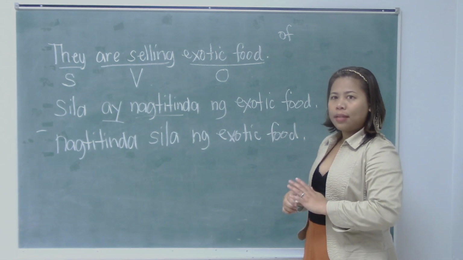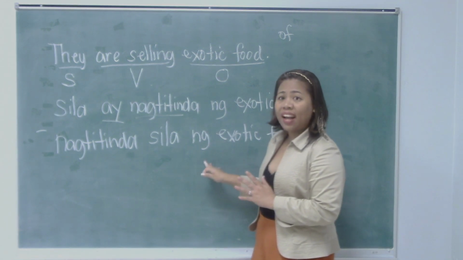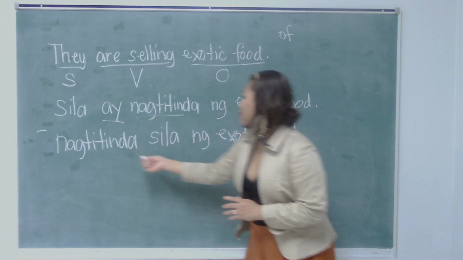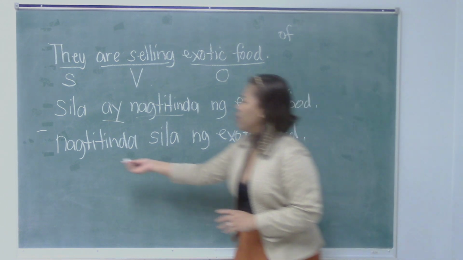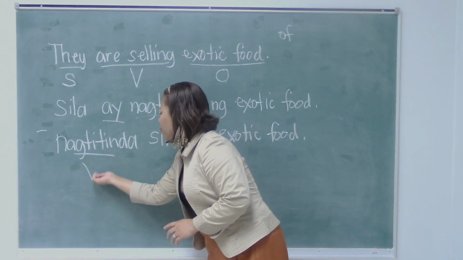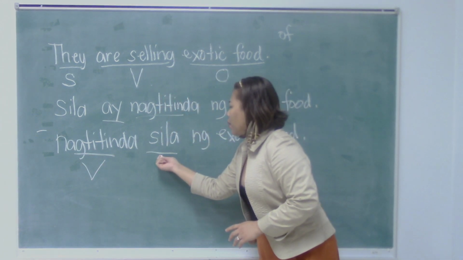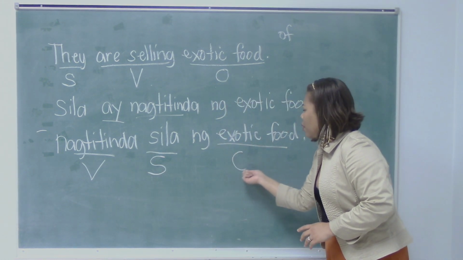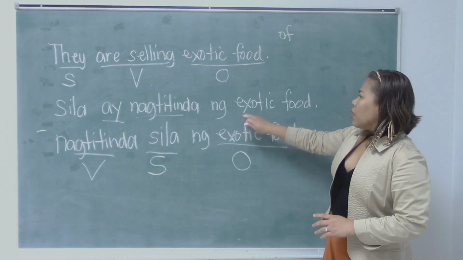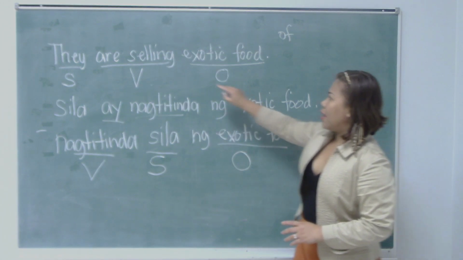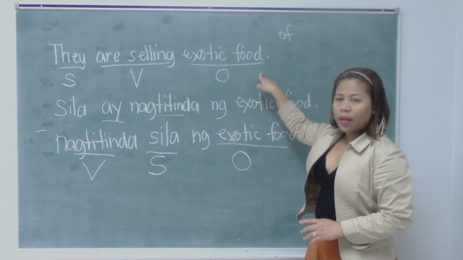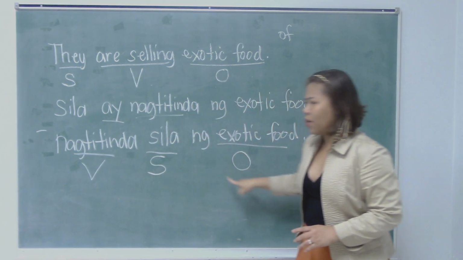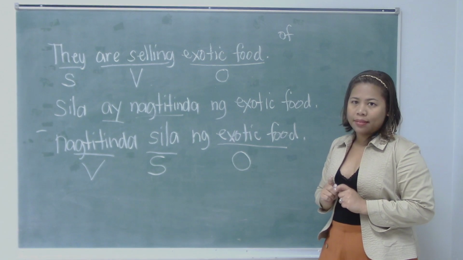And one indicator that the sentence is an active voice is we do not use the linking verb anymore. So we just say, nagtitinda sila ng exotic food. Nagtitinda is the verb. Sila is our subject. And exotic food is our object. Then we would say that SVO is in active voice in English, but in Filipino, VSO is the format.